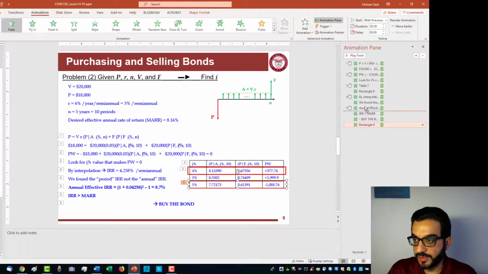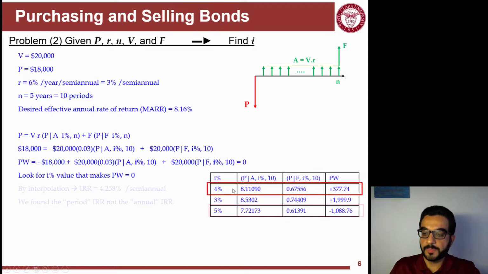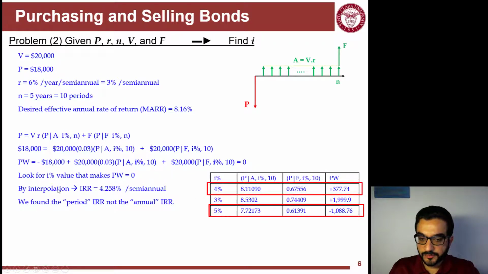And in this case, using interpolation between 4 and 5%, I figure that my IRR is 4.258% per semi-annual period. Now my MARR is given as an effective annual rate, 8.16%.